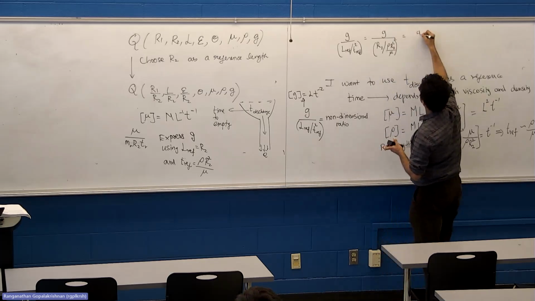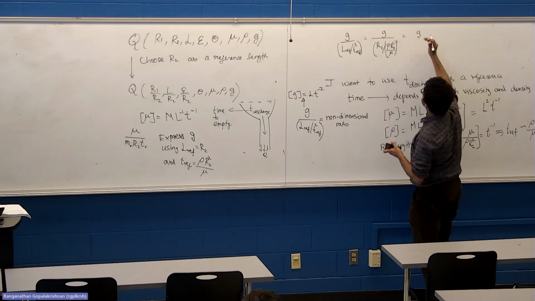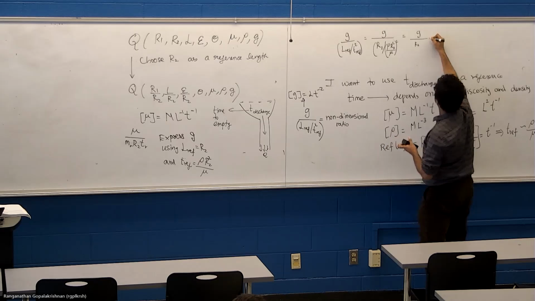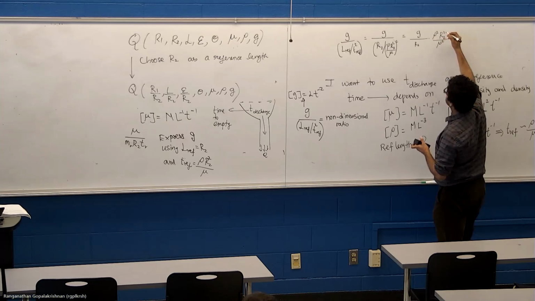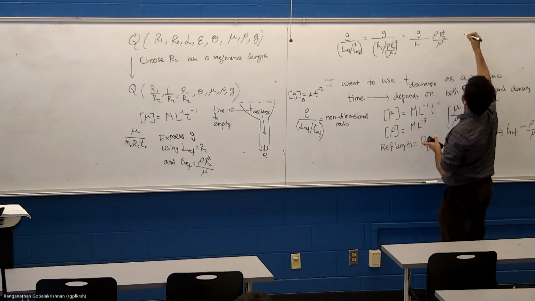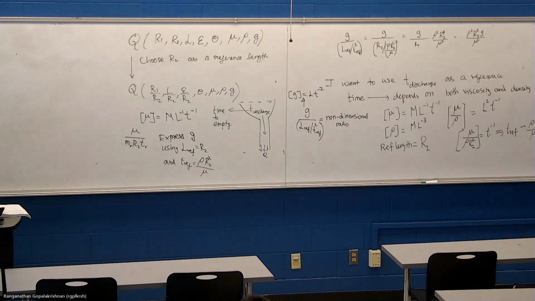So this is going to be G divided by R2 times rho squared R2 to the fourth over mu squared. R2 cancels. So I'm going to get rho squared R2 cubed G over mu squared.